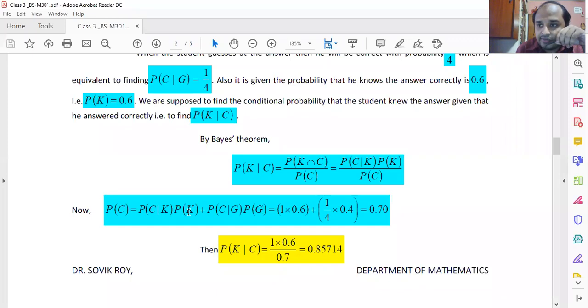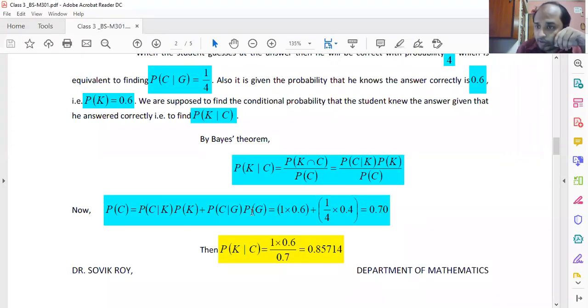Since K is given to be 0.6, obviously G will be 0.4. So I have written 0.4 here. All the values have been substituted in the expression, and I have calculated it as 0.70.